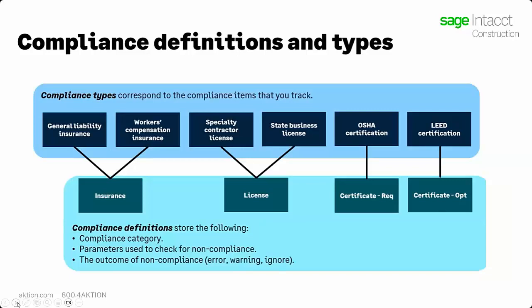So you can see some definition examples are like insurance, licenses, or certificates. And then you can have various different types of records that are associated to those definitions. So you have your general liability, workers' comp, umbrella insurance, auto insurance, licenses, any other certifications. You can link various types to that specific definition.